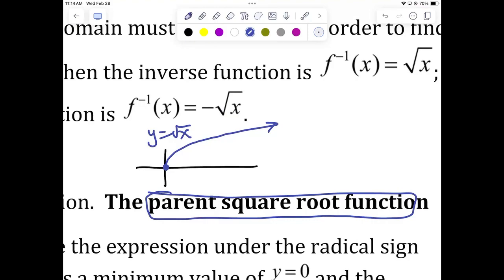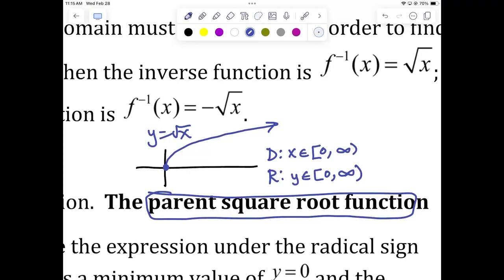It passes the vertical line test. What's the domain of this parent function? 0 to infinity. So let's use interval notation. x is in 0 to infinity. There's the domain. What's the range of this function? What y values does it take on? Also 0 to infinity.